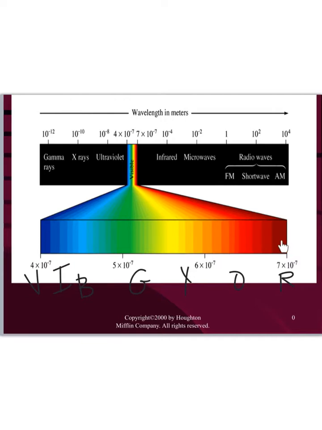Things closer to red are not as dangerous because those waves are longer. Things closer to blue and purple are higher in energy. The waves are shorter, more frequent, more penetrating, and dangerous. So you just need to be familiar with the colors of light, and what kind of energy they represent.